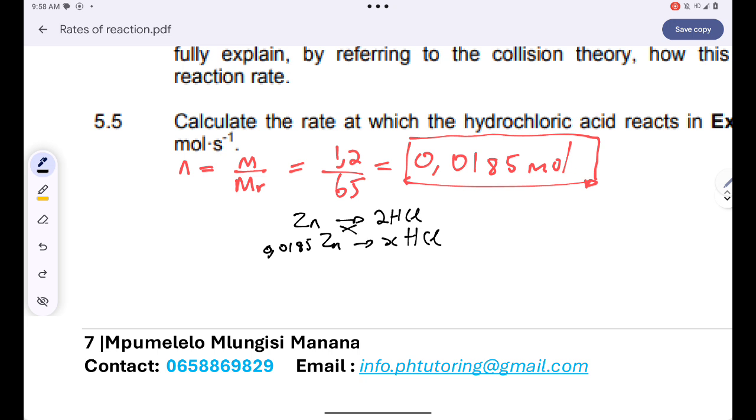I just cross multiply. I'll simply have 0.0185 times 2, which basically gives me 0.037, equal to x.